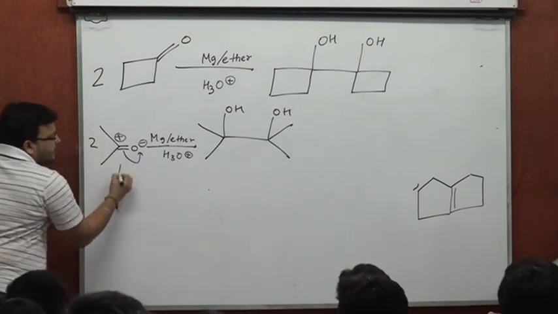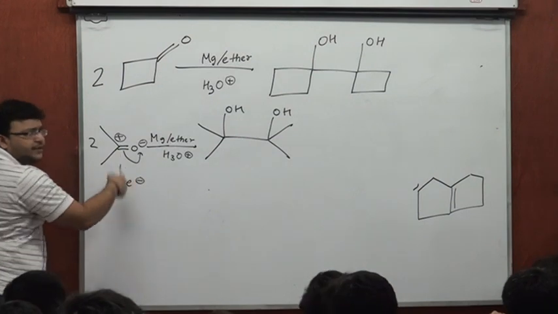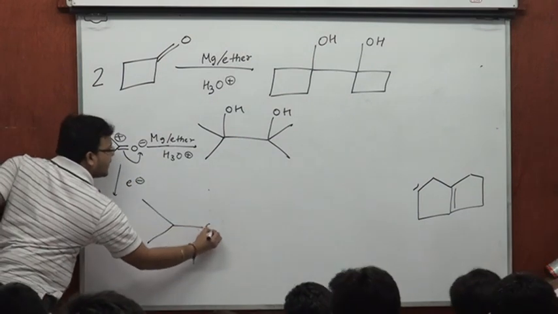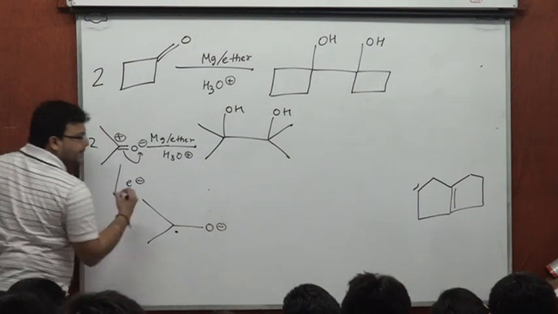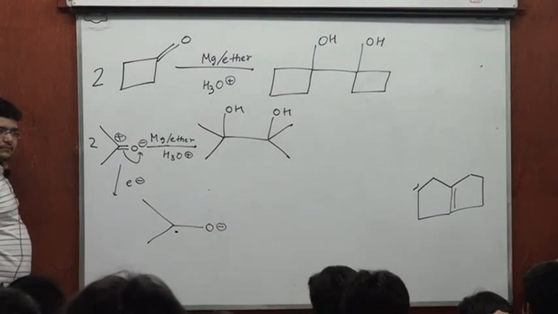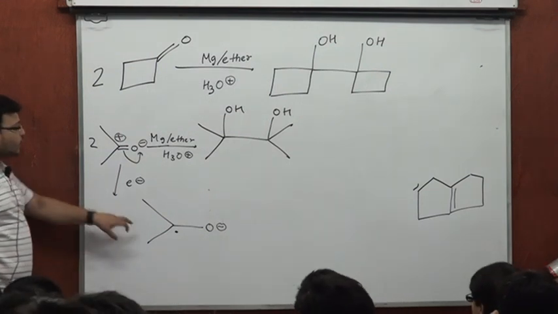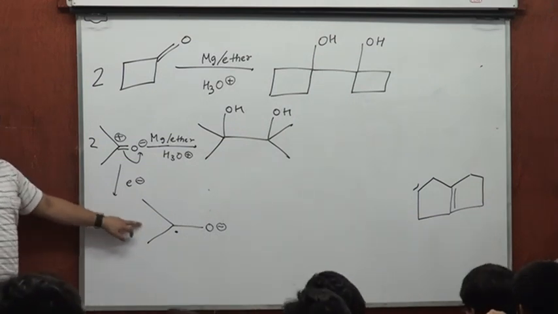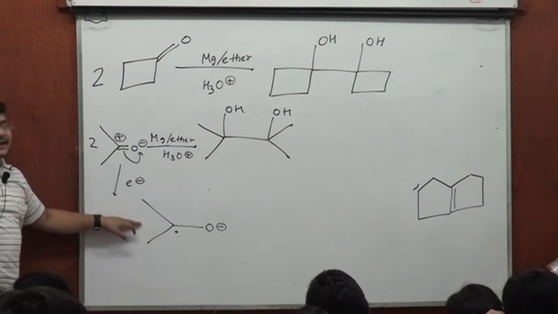So you understand that this electron coming from magnesium can make a species like this. These are called radical anions.